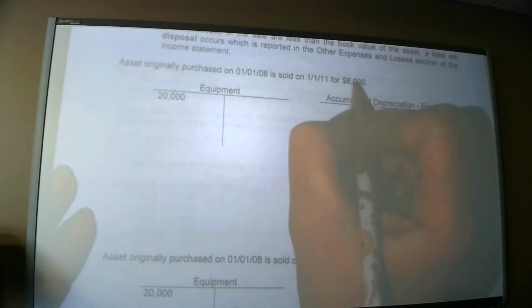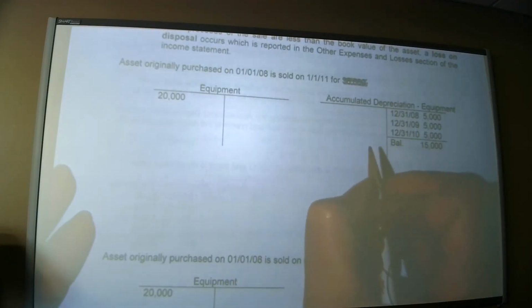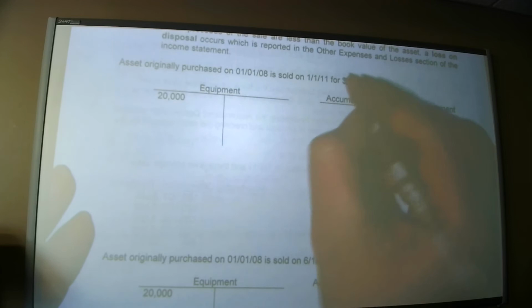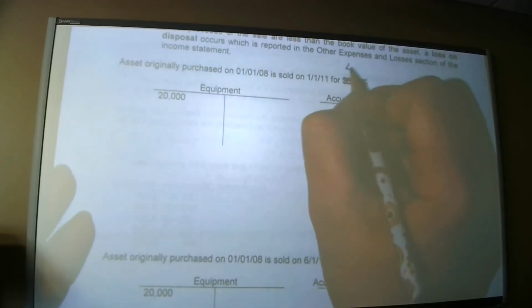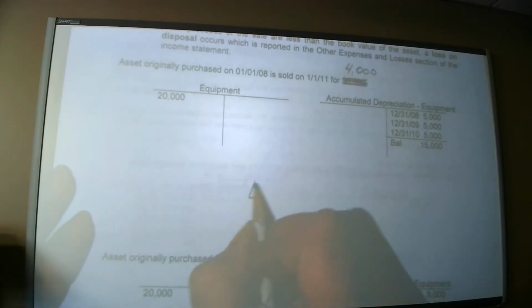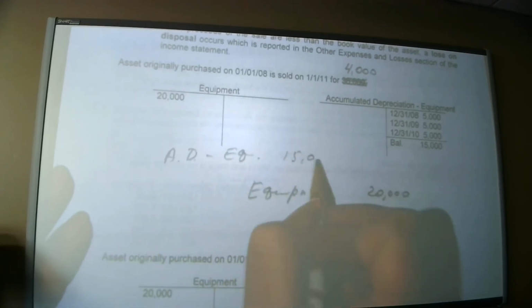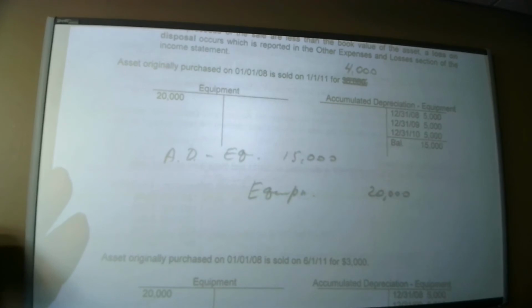Okay, so the same thing as your example, but I'm gonna put here that we sold it for a little bit different, $4,000. So the same thing, I will get rid of equipment, and it's 20,000, and I will get rid of accumulated depreciation for equipment, and that's 15. That gives me book value of 5.